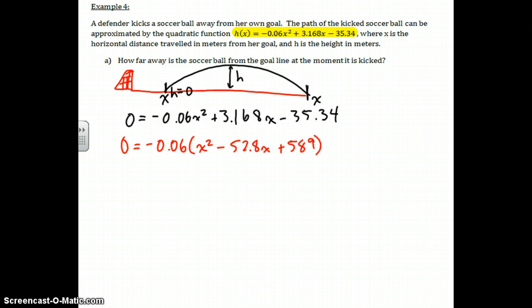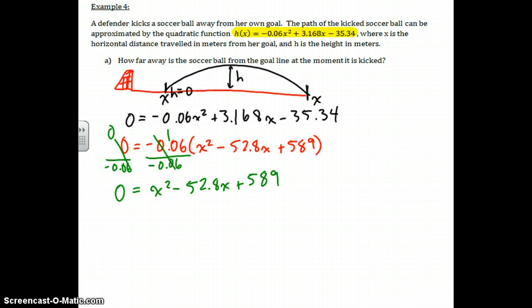Since it's equal to 0, we can divide this side by negative 0.06 and this side by negative 0.06. This reduces to 1, so we don't have to write it anymore, and 0 divided by anything is just 0. So now we have 0 equals x squared, take away 52.8x plus 589. Now we want to solve this by completing the square.